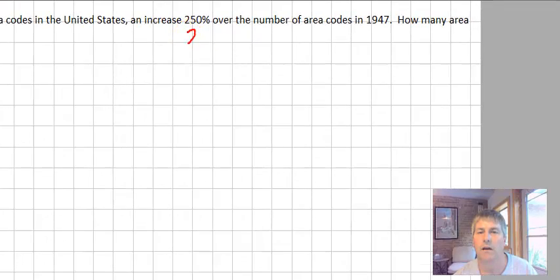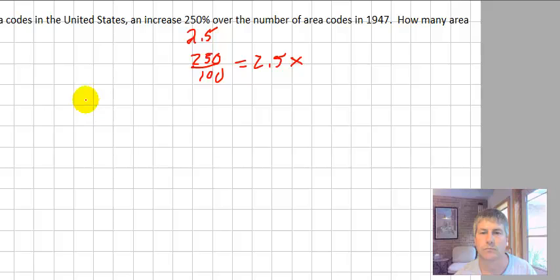250%, that would be 2.5 as a decimal, right? 250 over 100 is 2.5. An increase of 250%, well, that would be 2.5x. So our equation becomes our area codes in 47 plus the increase.